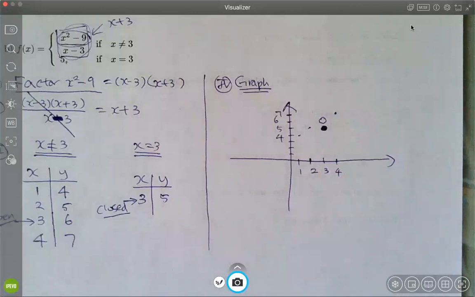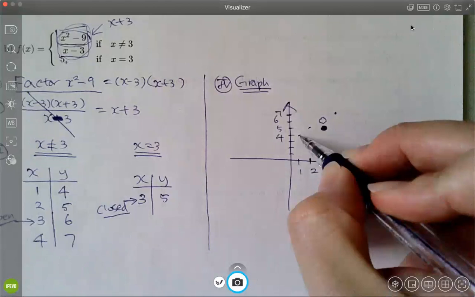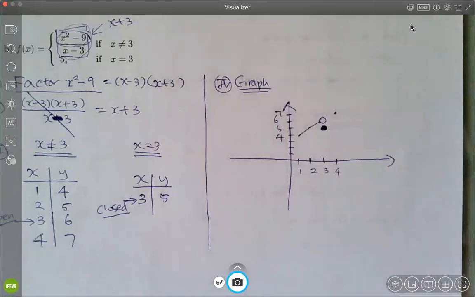Okay, so now can you see how the graph should look like? So first of all, these points can be joined, right? Okay, so they form a line. Now, do we extend our line after 1, 4 like this?